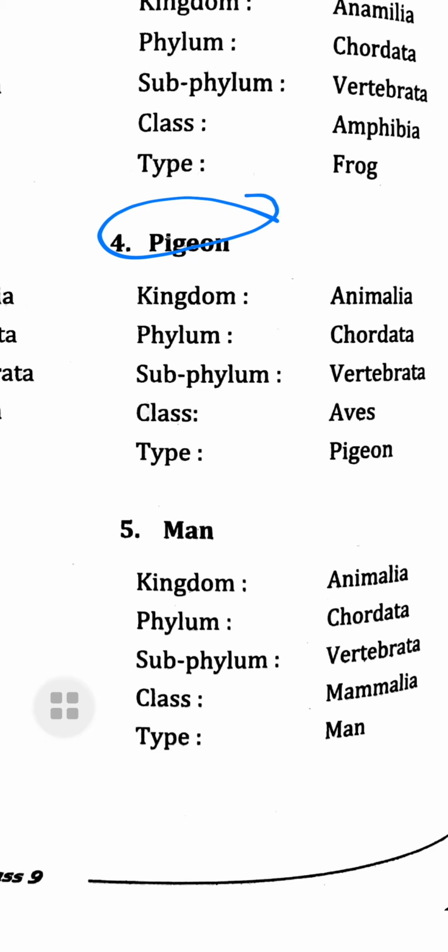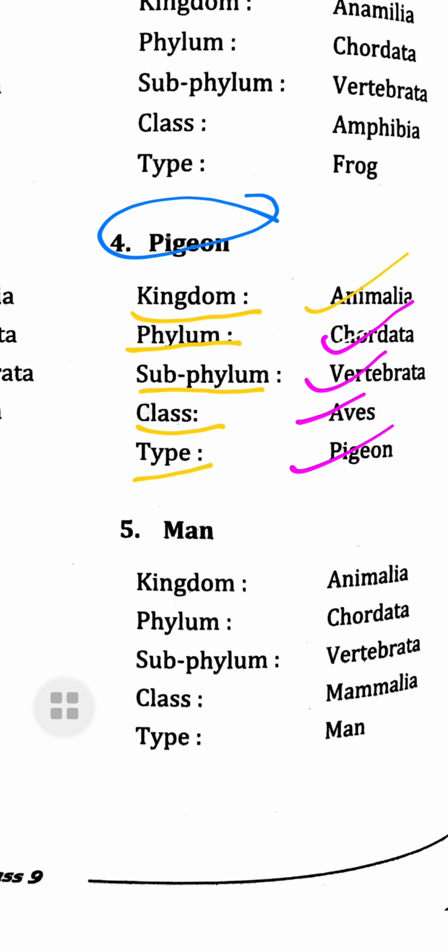Pigeon, how are you going to classify? Kingdom, phylum, subphylum, class and type. Kingdom as usual Animalia, then phylum Chordata, subphylum Vertebrata, class Aves, type Pigeon.